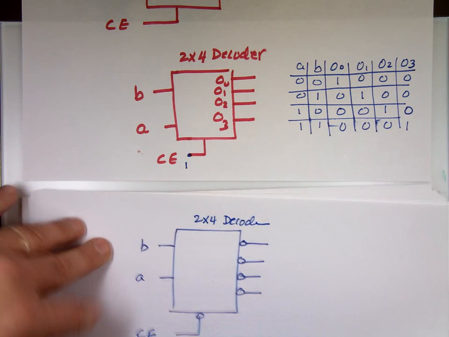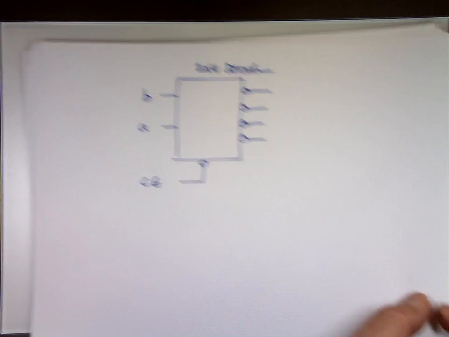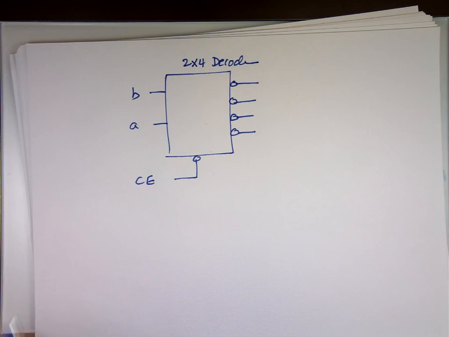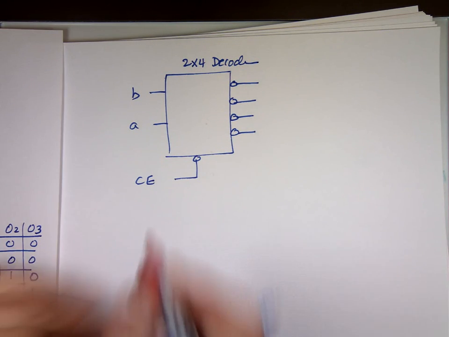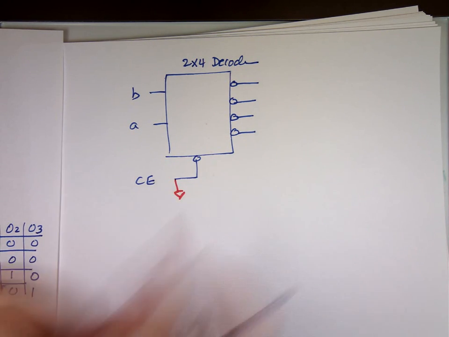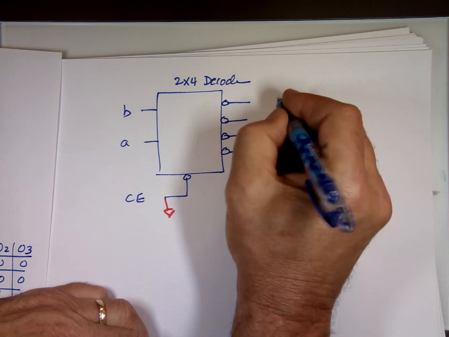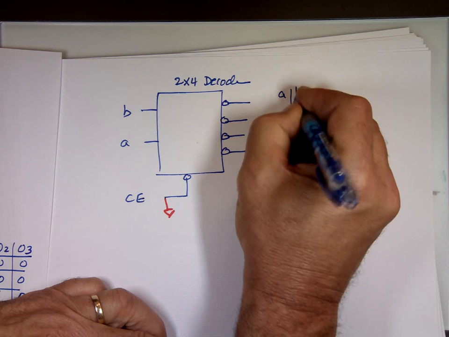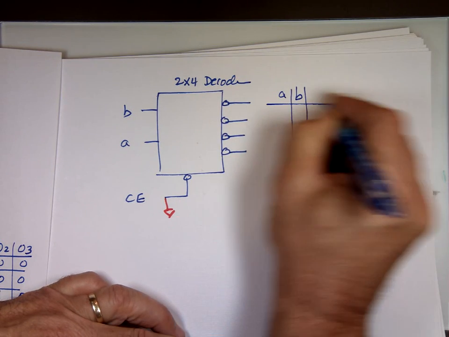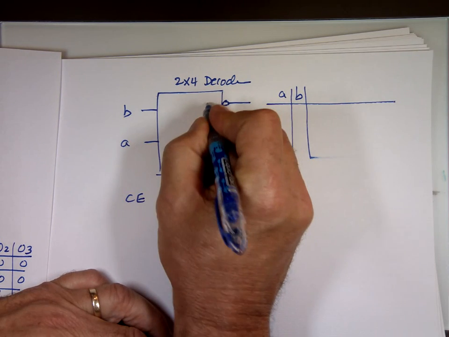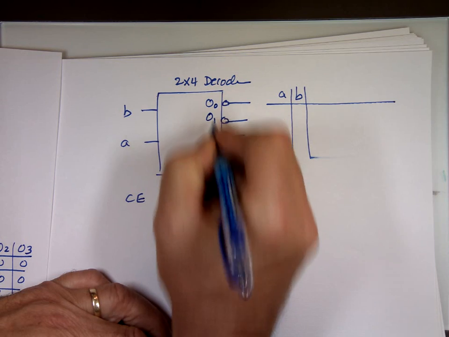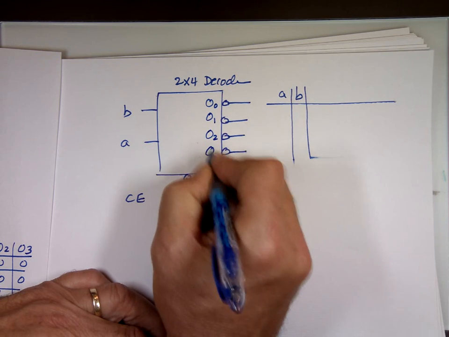But for this to work, when you see it like this, that means this end has to be attached to where? To ground, to low voltage. And the truth table for that, when you see that bubble there, we'll call them output 0, 1, 2, and 3.